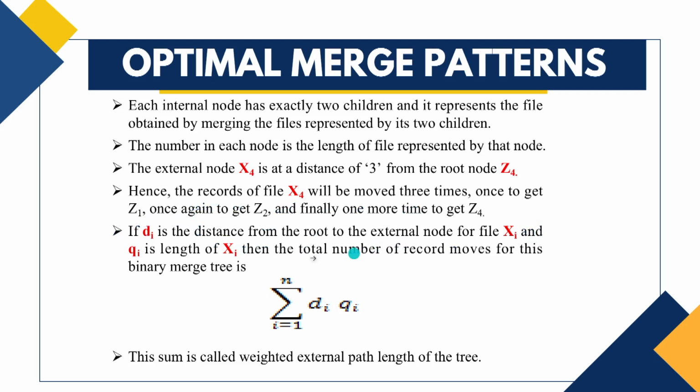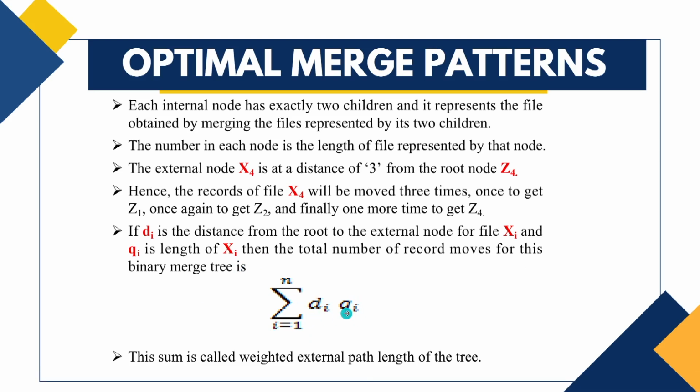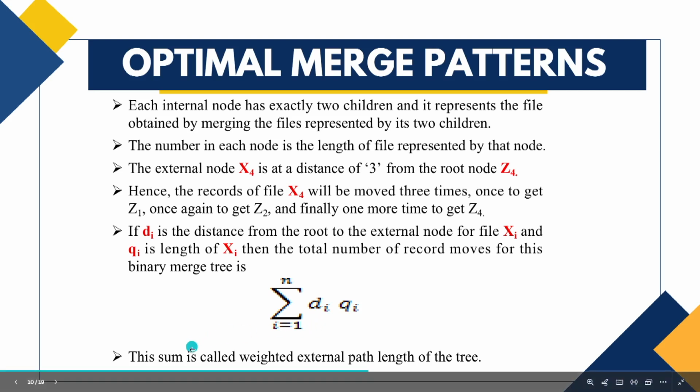z1, z2 and z4. If we denote di as the distance from the root to any external node for a particular file xi, and qi is the length of the particular file xi, then the total number of record moves for this binary merge tree is given by summation over i equal to 1 to n of di into qi, where qi denotes the length of the particular file and di is its distance from the root, and this sum we call the weighted external path length of the tree.